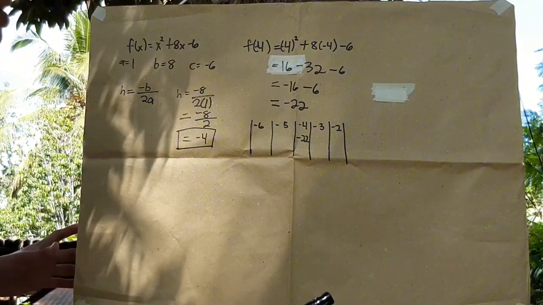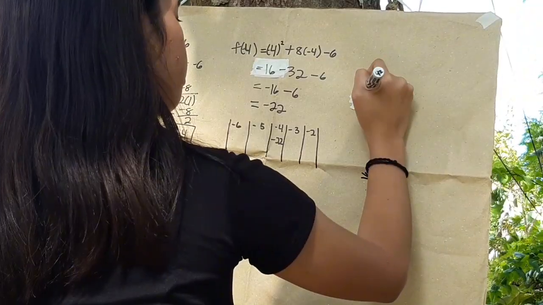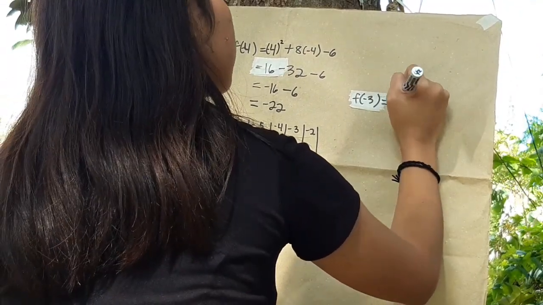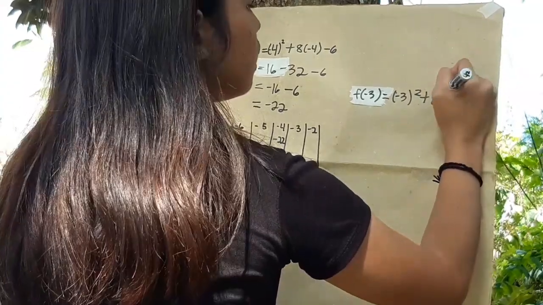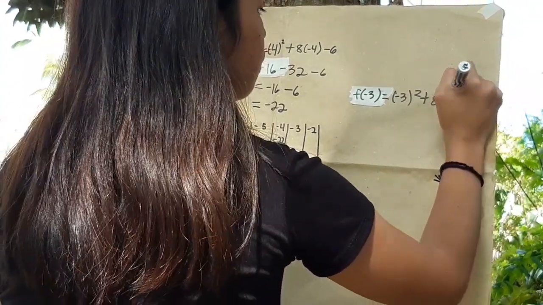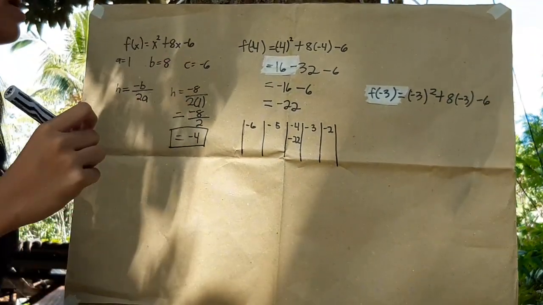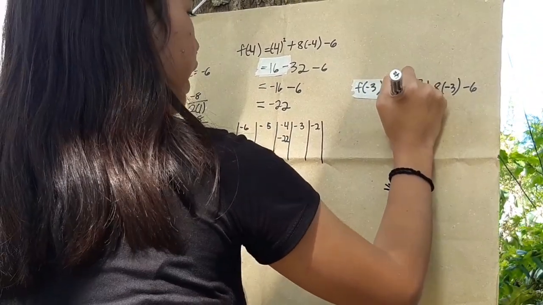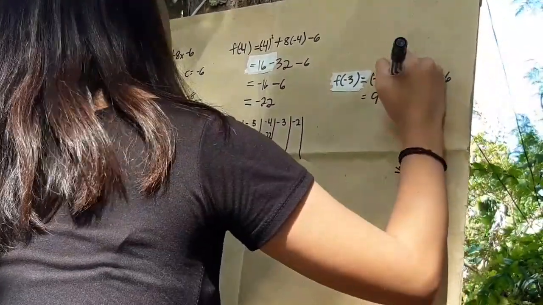Next, substitute the x with negative 3. F of negative 3 equals negative 3 squared plus 8 times negative 3 minus 6. Negative 3 squared is positive 9, and 8 times negative 3 is negative 24.